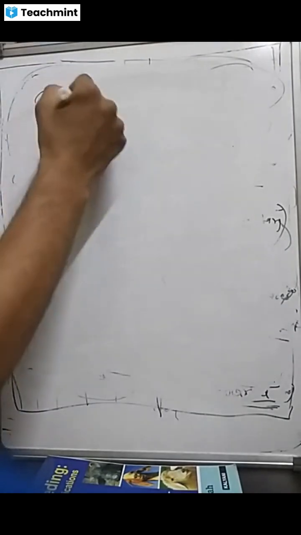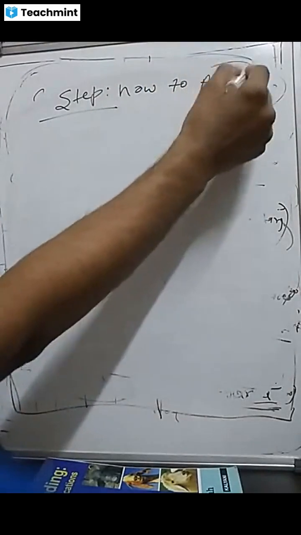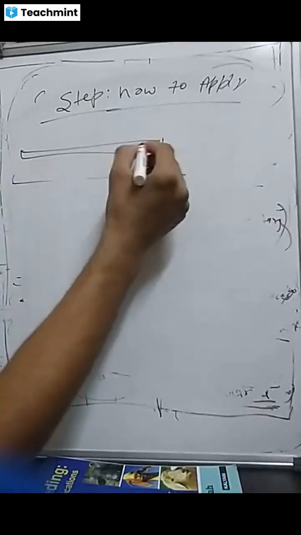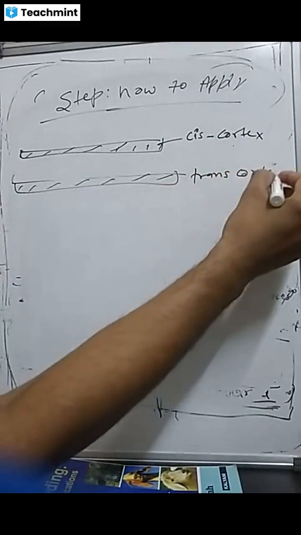Then the steps. How to apply a lag screw? As we know, we have two cortices: the cis cortex, which is the near cortex, and the trans cortex.